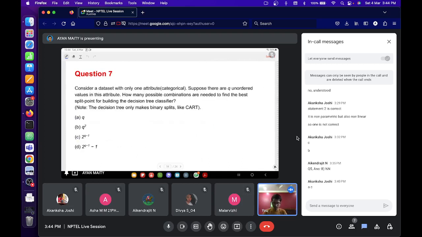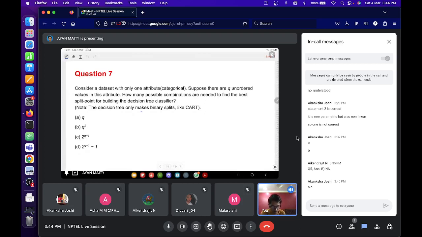Question 7. Consider a dataset with only one attribute, a categorical attribute, and suppose there are q unordered values in this attribute. So you have one categorical attribute, and there are q different values that the attribute can take. How many possible combinations are needed to find the best split point for building the decision tree classifier?